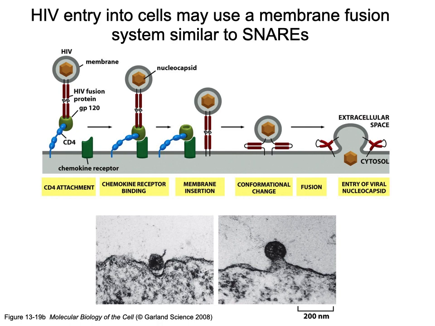Nucleocapsid is the viral term for the capsule that contains the nucleic acid of the virus. Okay, so you can see in the electron micrograph images below this process occurring.